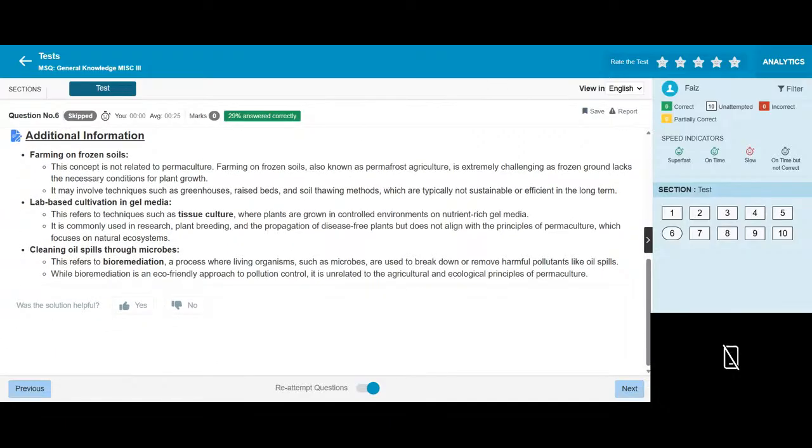Farming on frozen soils. This concept is not related to permaculture. Farming on frozen soils, known as permafrost agriculture, is extremely challenging as frozen ground lacks the necessary conditions for plant growth. It may involve techniques such as greenhouses, raised beds, and soil thawing methods, which are typically not sustainable or efficient in the long term. Lab-based cultivation in gel media.